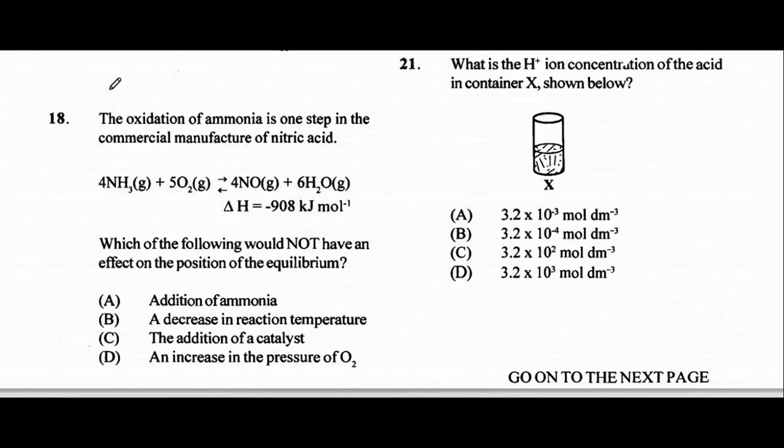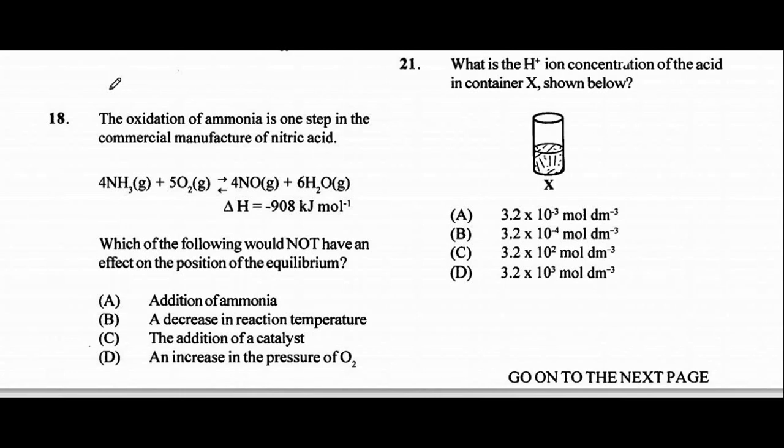If you added ammonia, that's NH3, the equilibrium would shift to the right, in order to produce more products, or in an effort to restore balance in the reaction here, seeing that we're dealing with dynamic equilibrium and Le Chatelier's principle.